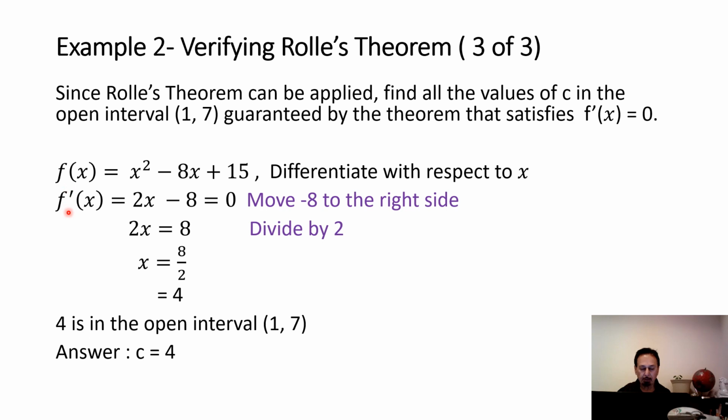So f of x becomes f prime of x, x squared becomes 2x, 8x becomes 8, 15 becomes 0. We set this to 0, move the 8 to the right, divide by 2. It gives x equals 4. Now 4 is in the open interval 1 to 7. So C is equal to 4.